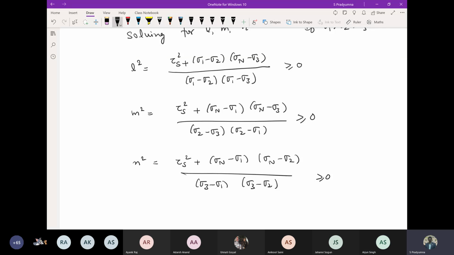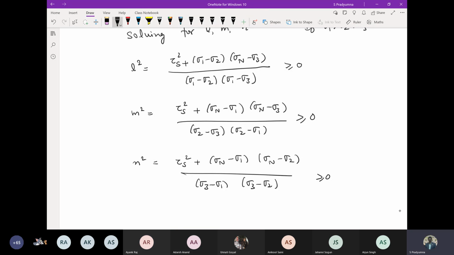Sir, in the numerator it is sigma n minus sigma 2, I guess, not sigma 1 minus sigma 2. In the expression for L square? Yes.